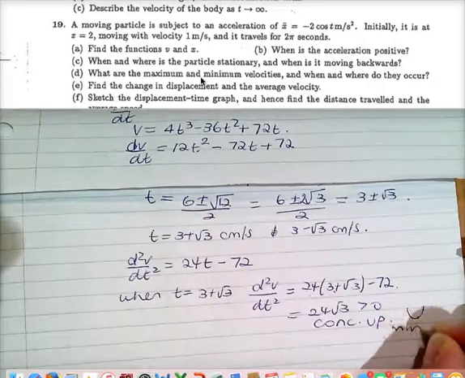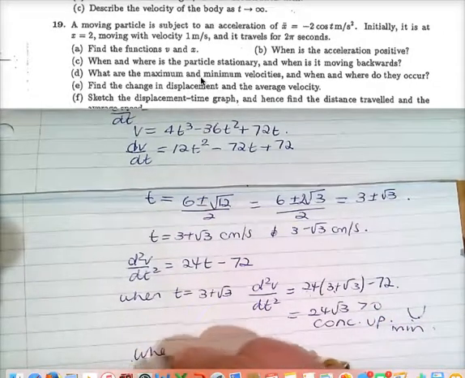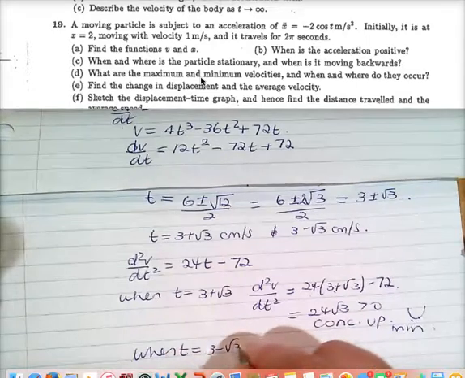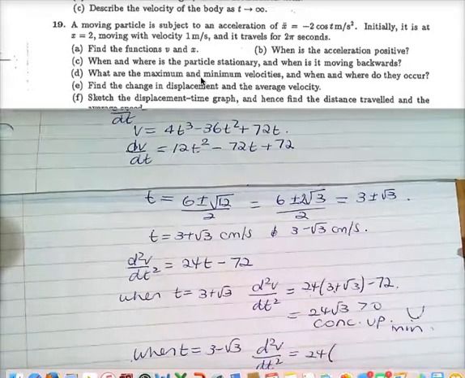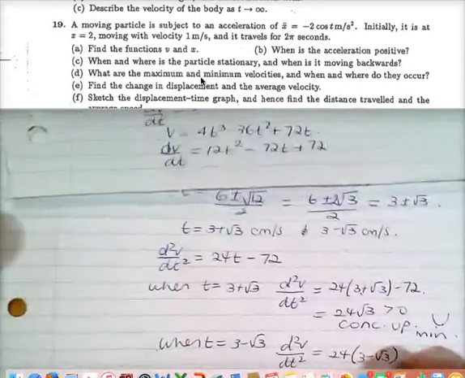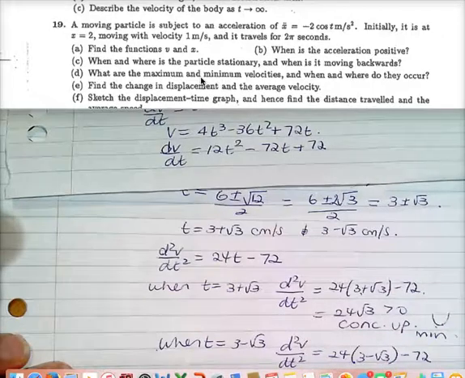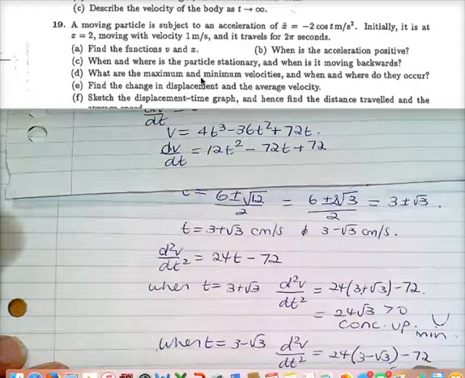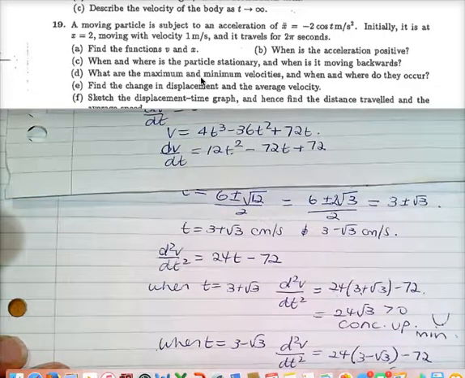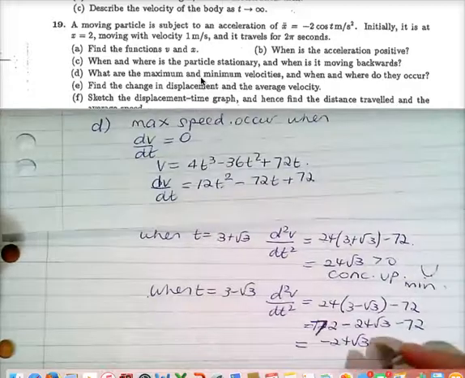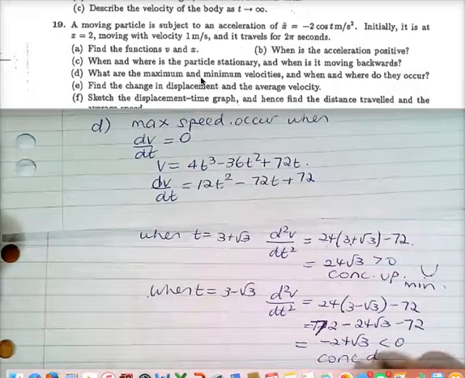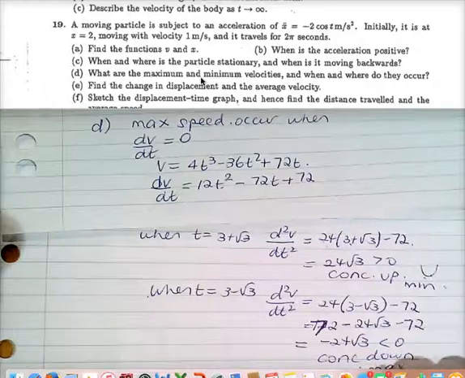Well, that's a minimum. So when t equals 3 minus root 3, the second derivative is 24 bracket 3 minus root 3 minus 72, which is 72 minus 24 root 3 take away 72, which is negative 24 root 3, which is less than 0, concave down, therefore maximum.